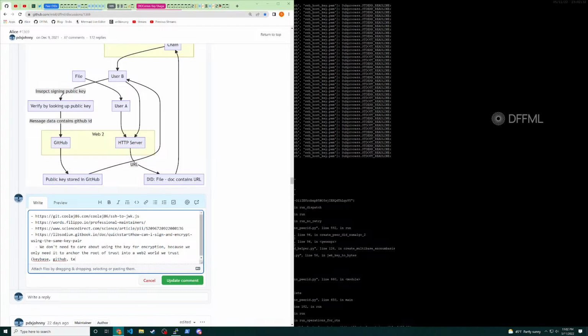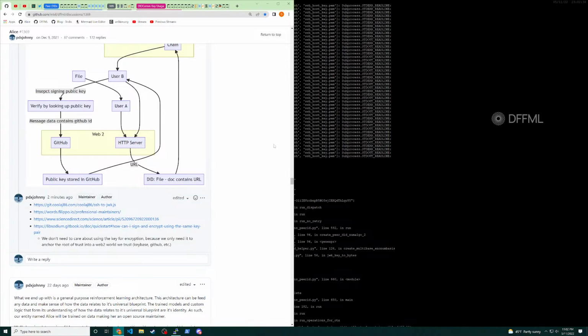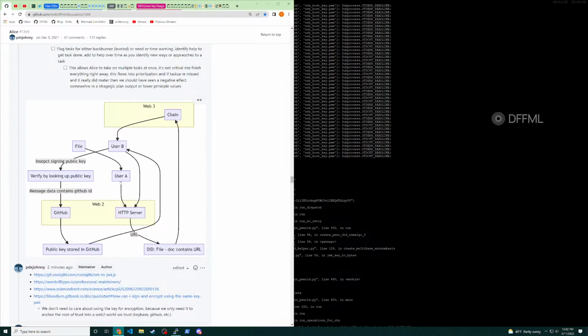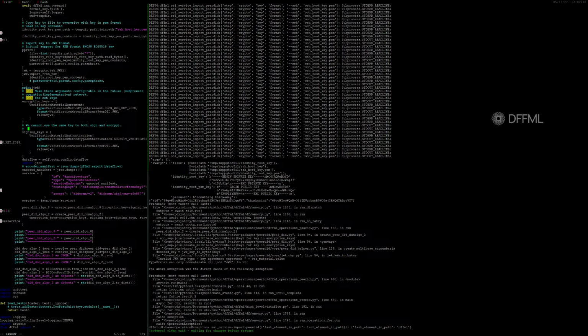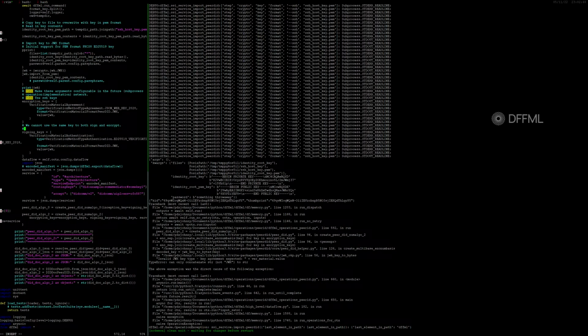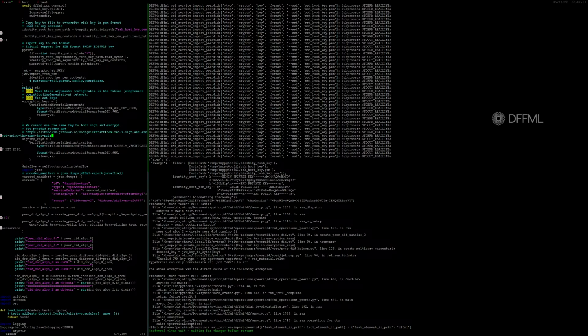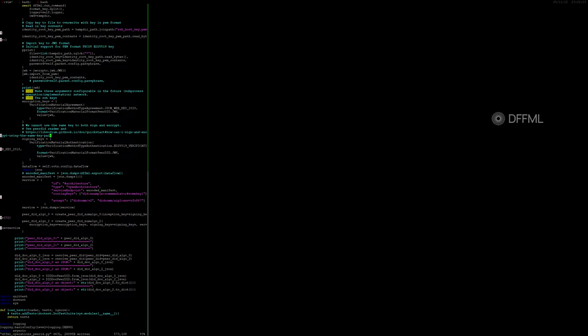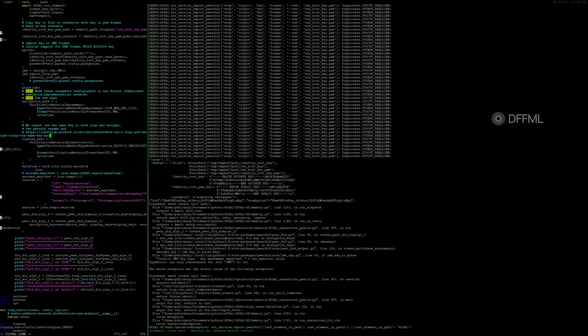All right, so we may not even need to care about this encryption thing, because all we really care about is doing this, right? This really amounts to a signing flow. So, okay.